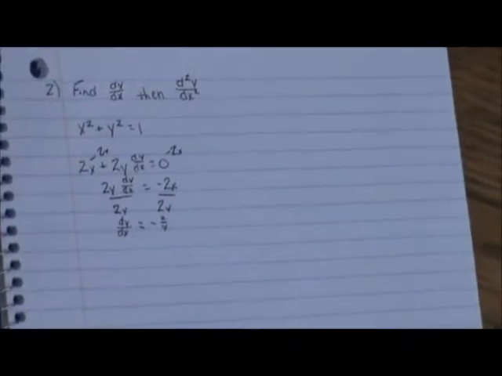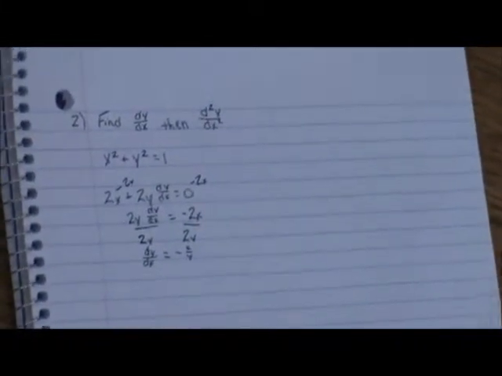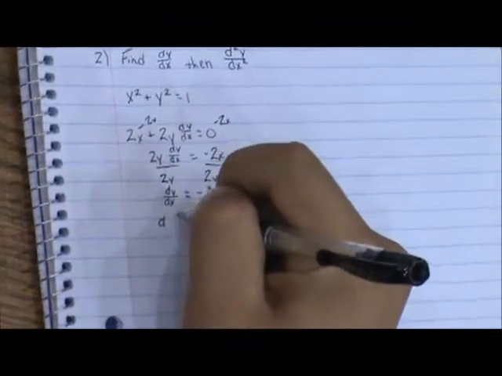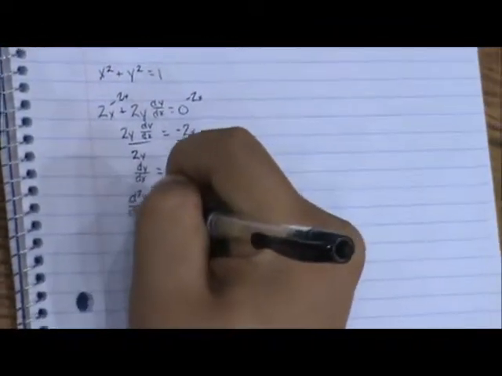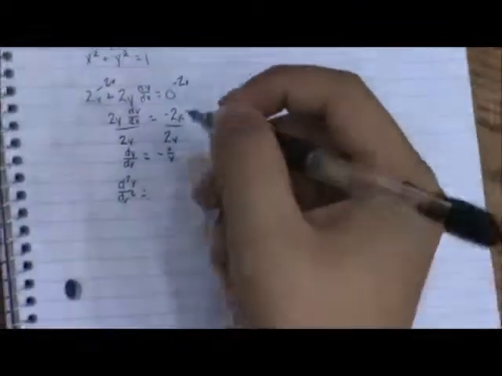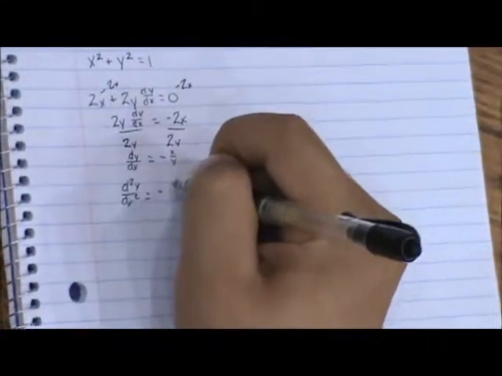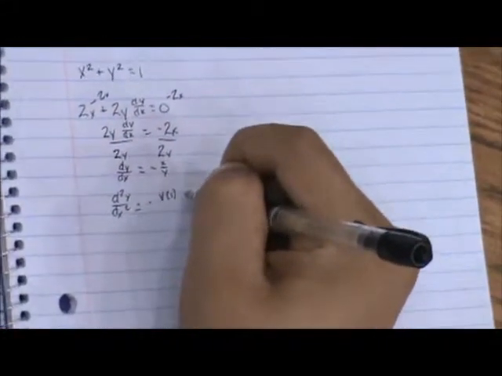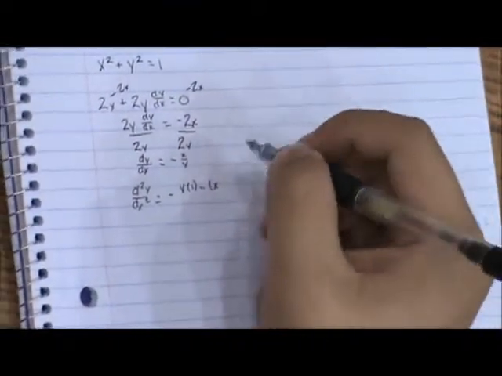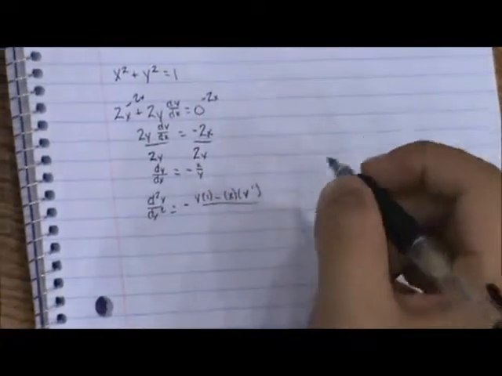And now you take a second derivative to be able to find. Now you start by taking the second derivative, so by using the quotient rule, you're able to get y times 1 minus x times y prime over y squared.